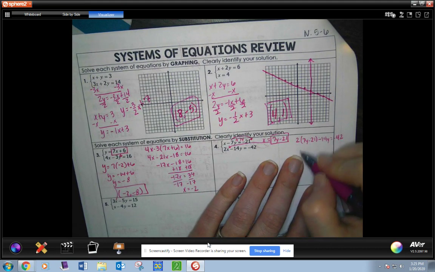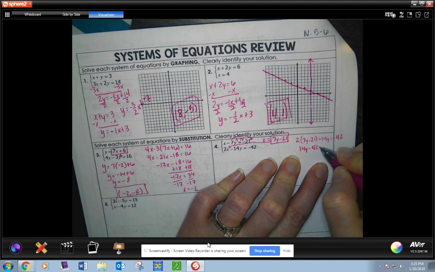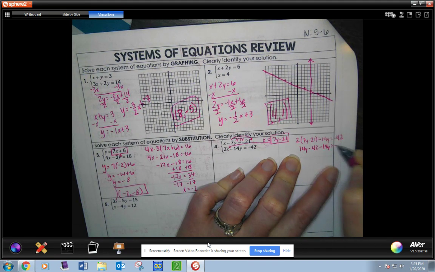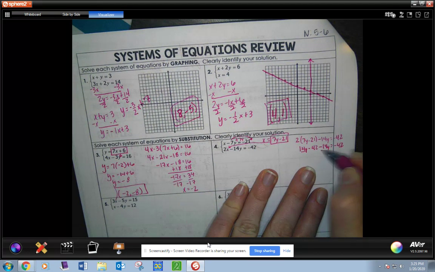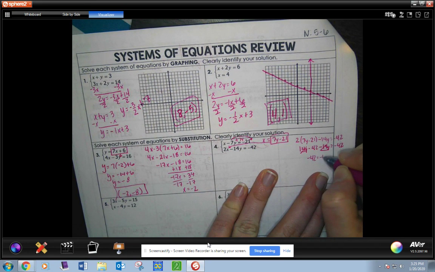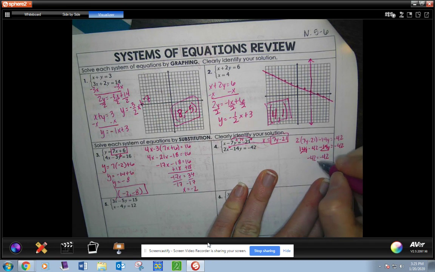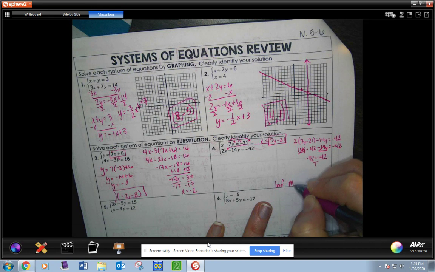When I distribute, that gives me 14y minus 42 minus 14y equals negative 42. Combining like terms, 14 and negative 14 cancel. So I have negative 42 equals negative 42. Since this is a true statement, this means infinitely many solutions.